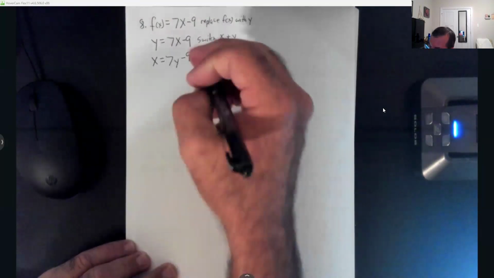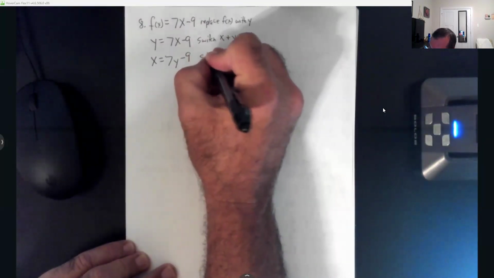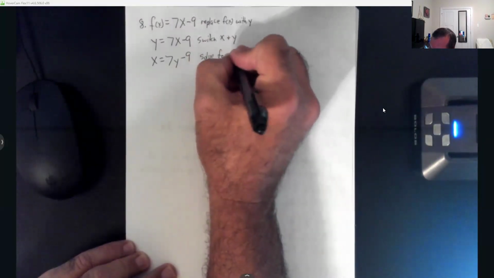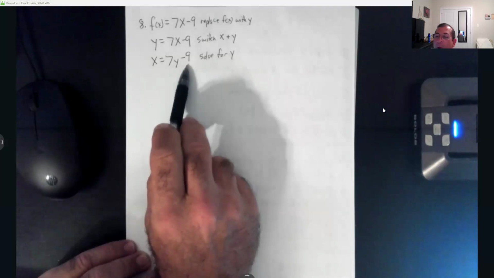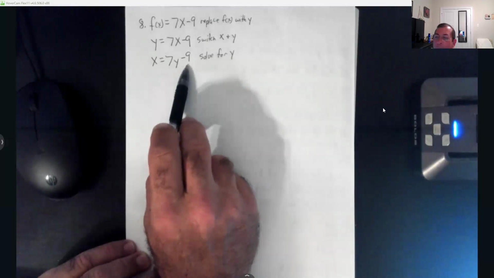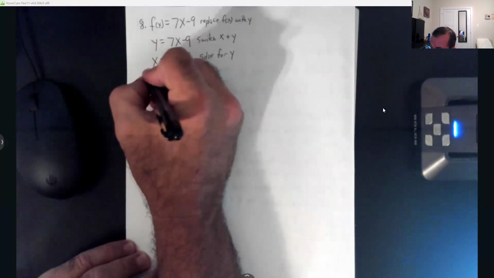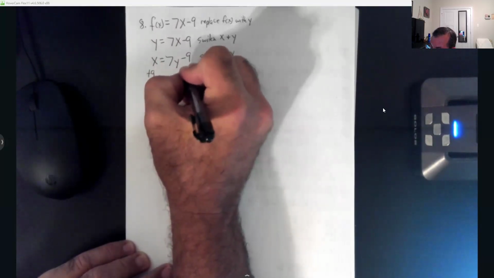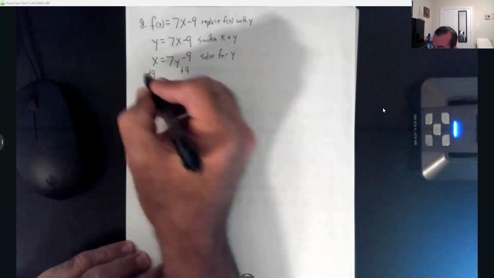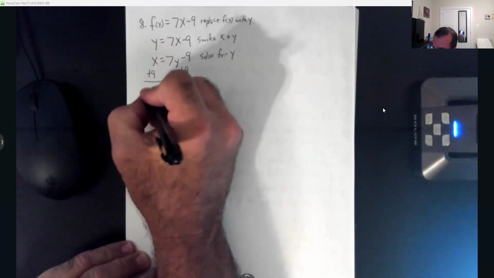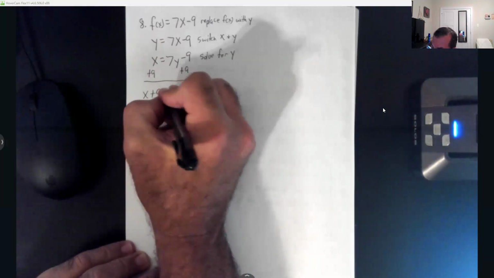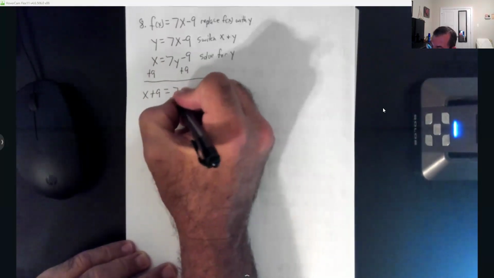So now we want to solve for y. We need to move that negative 9 over. So we're going to add 9 on the first step. So you'll get your x plus 9 on the left side. That's going to equal 7y.